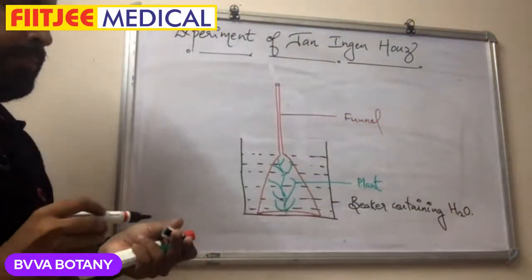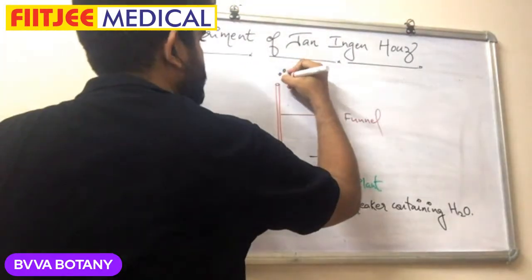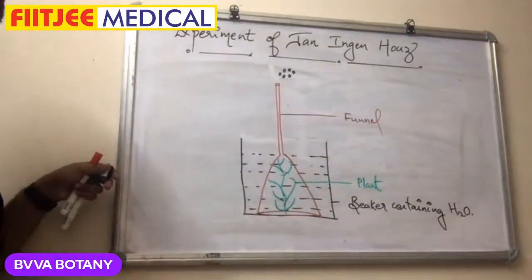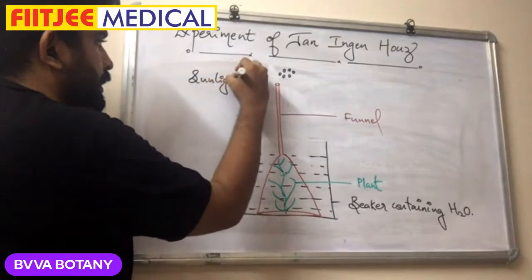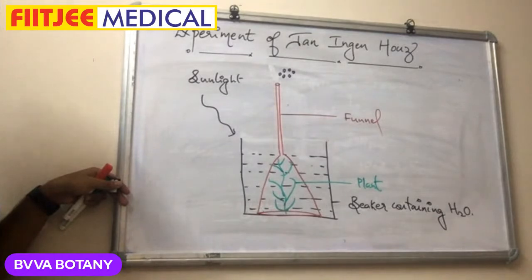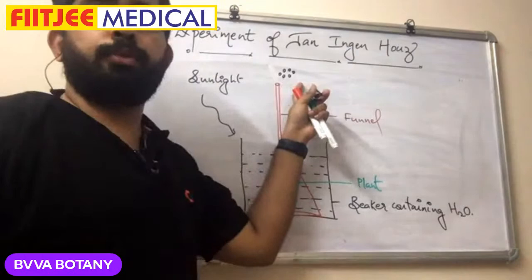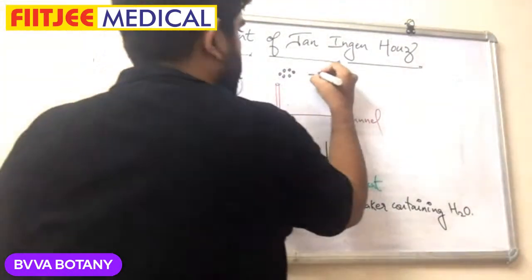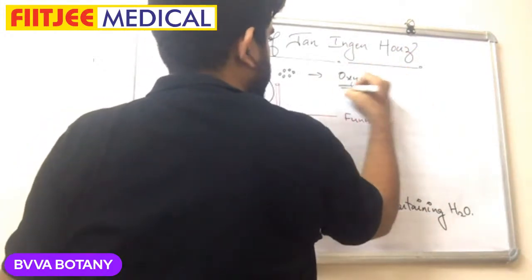Now after some time, he was able to see some bubbles moving out of the funnel when it was illuminated under sunlight or under normal light. Later the bubbles were found to be oxygen.